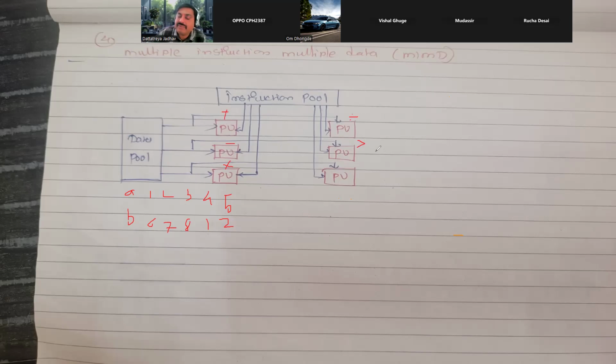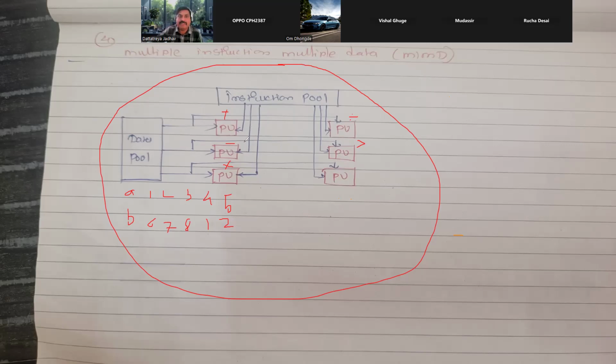So multiple instructions are possible. In this way, this is the best example for parallelism.